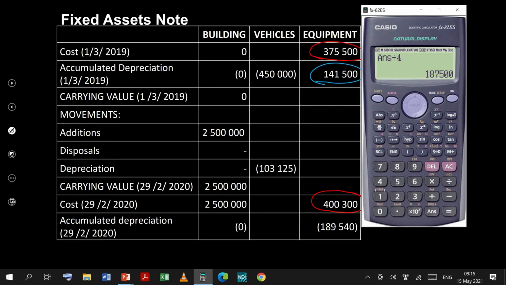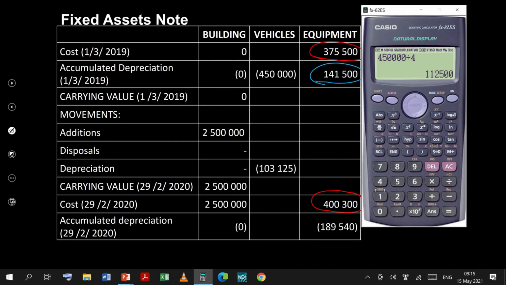And then we also take into consideration that the depreciation that we calculated was 450,000 for 4, let's work that one out. 450,000 divided by 4 will give you 112,500. Okay, so now we've got those two figures.